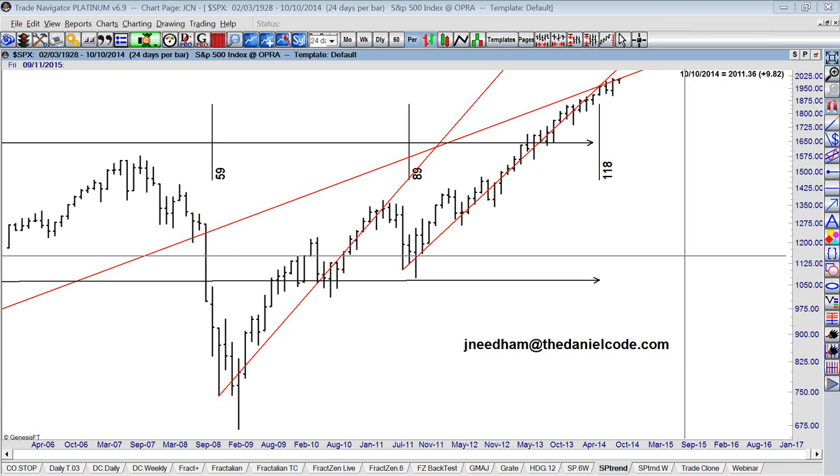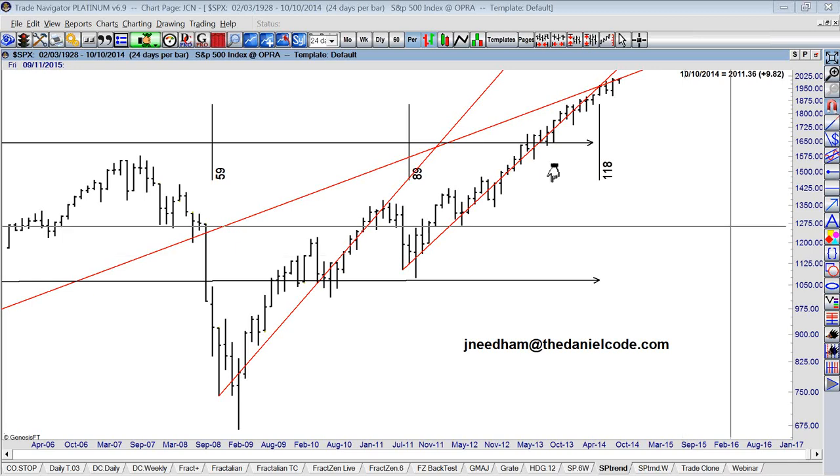No, the blue line signals, Ian, are part of the plus package. Do any of the TO3 signals have to be set up to take the stop and reverse signal that you say must adhere to? All signals, excuse me, all signals in the Danielcode, if you get an outside bar on the day of entry, you must take the stop and reverse.